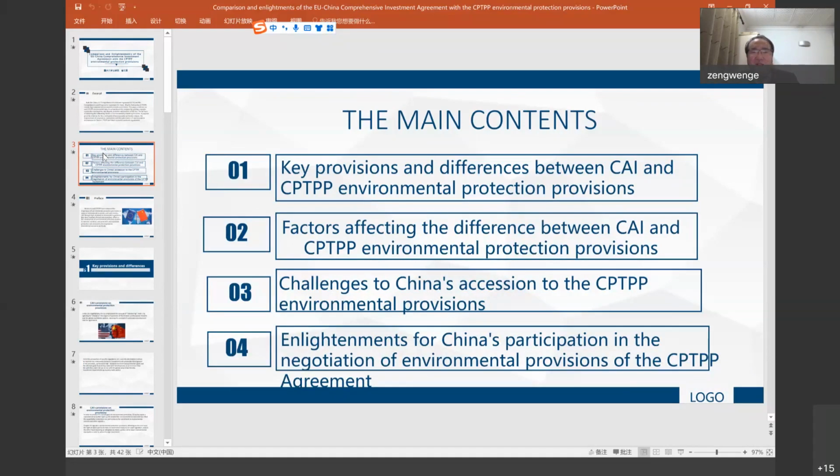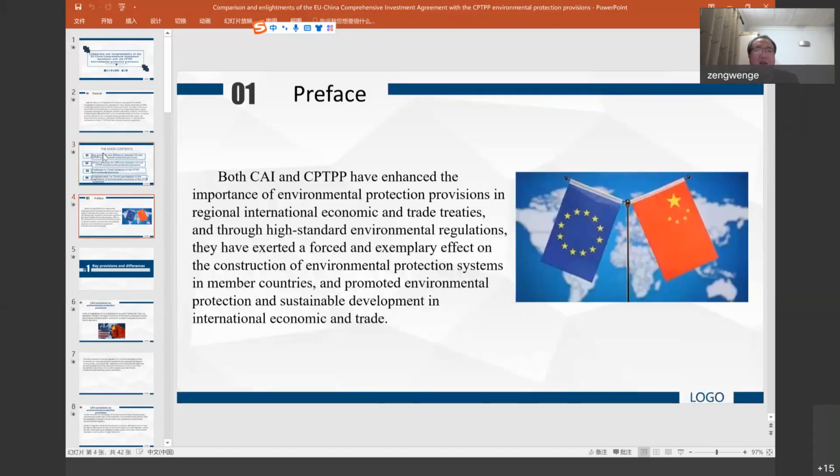What is difficult? The last one is enlightenment for China's participation in negotiating the environmental provisions of the CPTPP agreement. Most of the scholars know the CAI and the CPTPP environment articles, so I will just briefly introduce them.